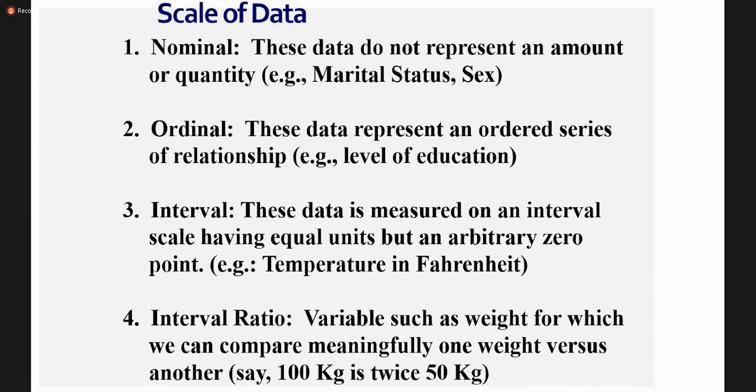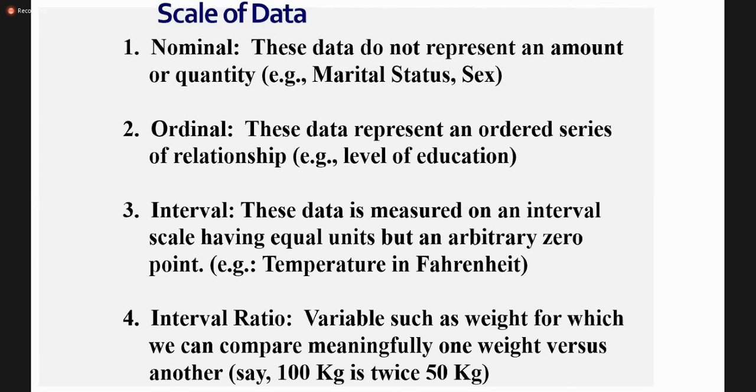Nominal data do not represent an amount or quantity. Ordinal data have an ordered series of relationships. Interval data has an arbitrary zero. For example, a temperature of 0 Fahrenheit doesn't mean there is no temperature.